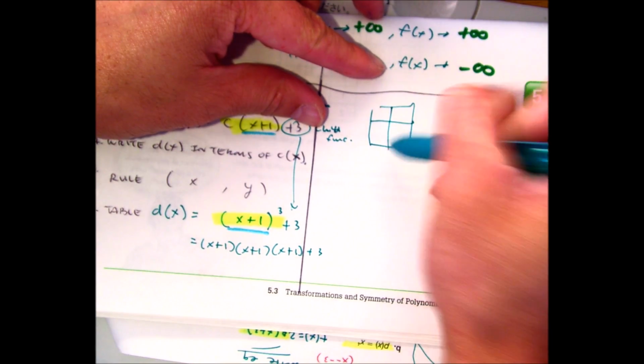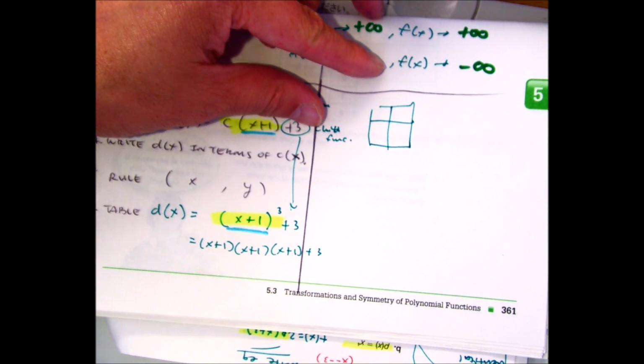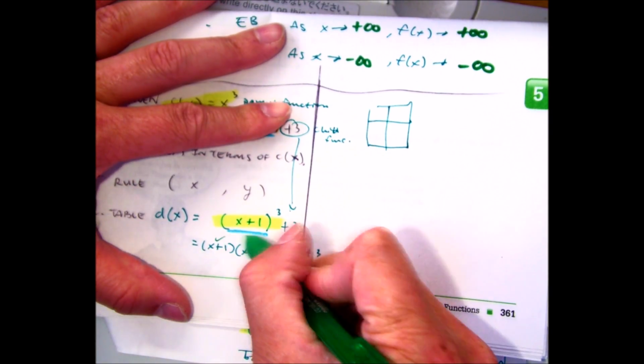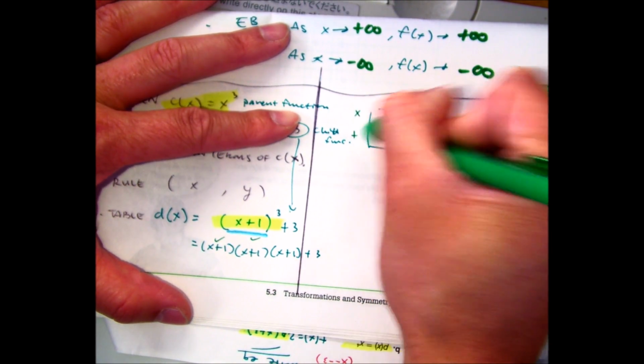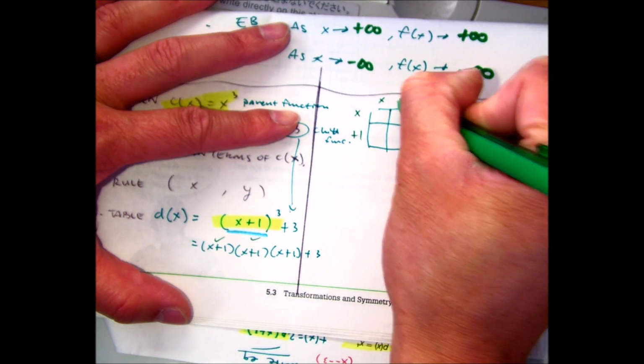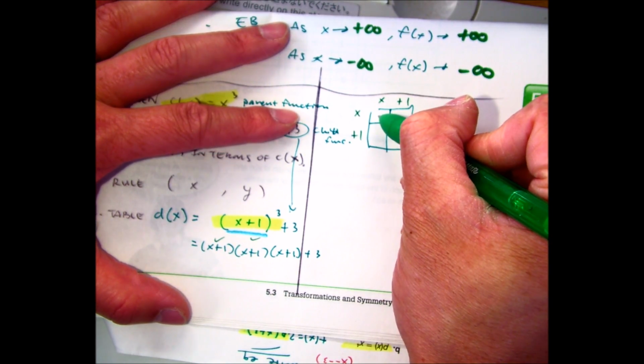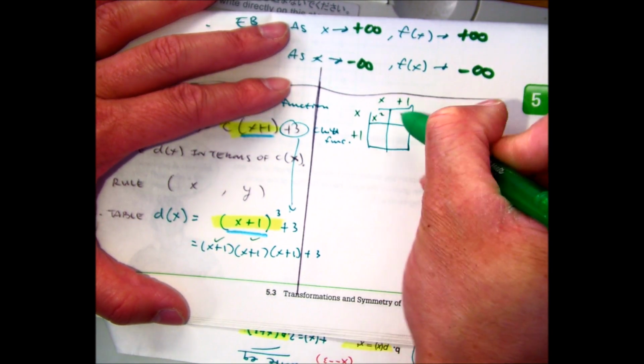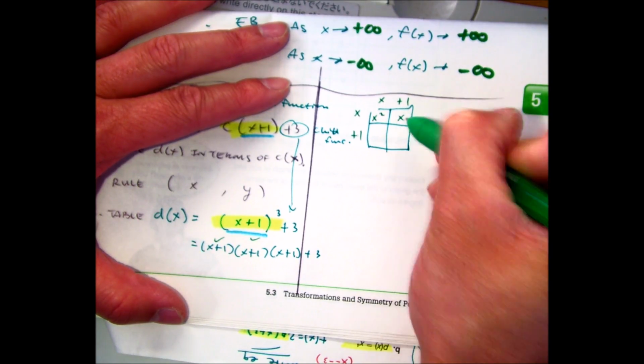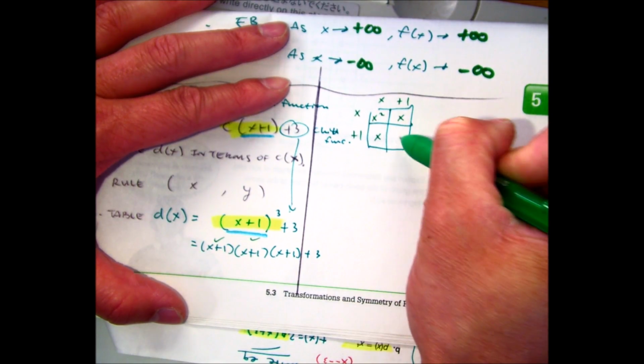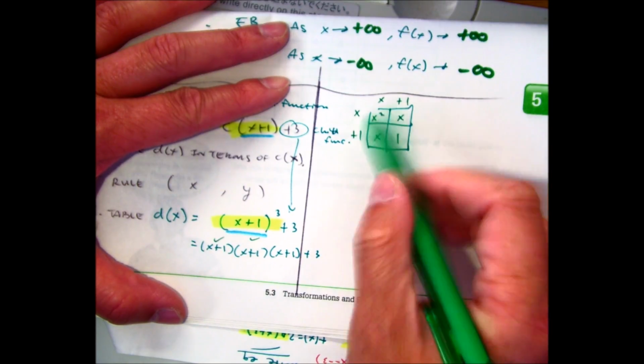Here's my box. So I'm going to do the first two, x plus 1, x plus 1. Class, what goes there? Here, here, and here. So we just multiplied there.